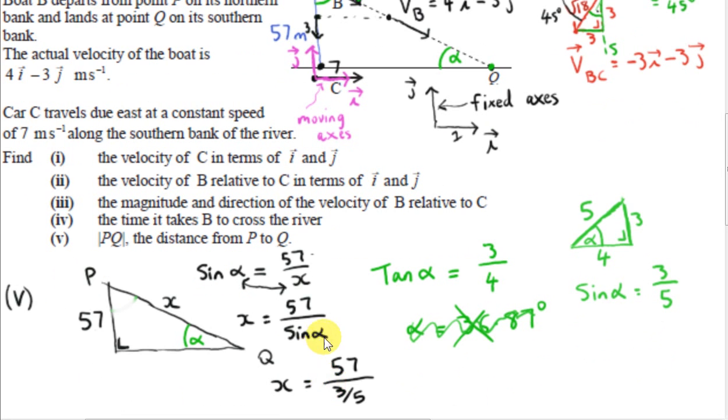So we just plug 3/5 in for sine alpha. So we have 57 divided by 3/5. That's the same as 57 divided by 3 and multiply by 5. 57 divided by 3 is 19. 19 times 5 is 95. So that's a distance. The distance is in meters.